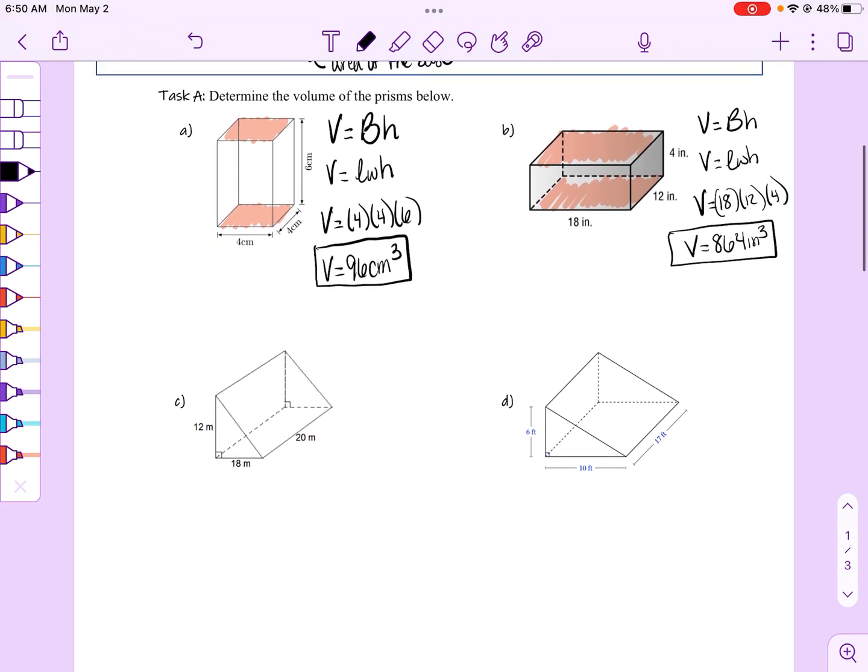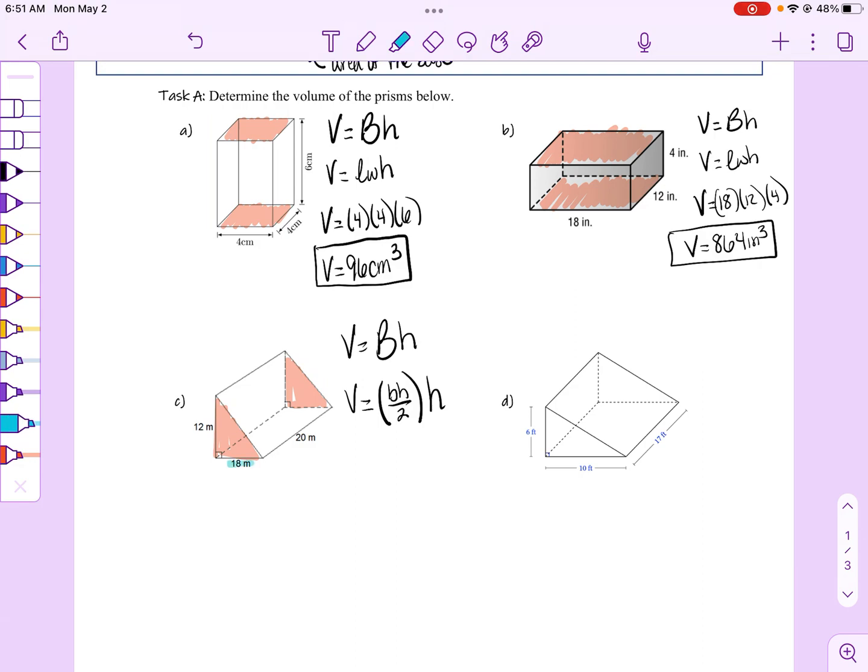Alright, so if we look at C and D, these are what we call triangular prisms, and again, that's because my bases are triangles. And so following the formula of volume equals area of the base times the height, area of a triangle, we know, is base times height divided by 2. We do all of that and then multiply by the height or the length of the overall shape.